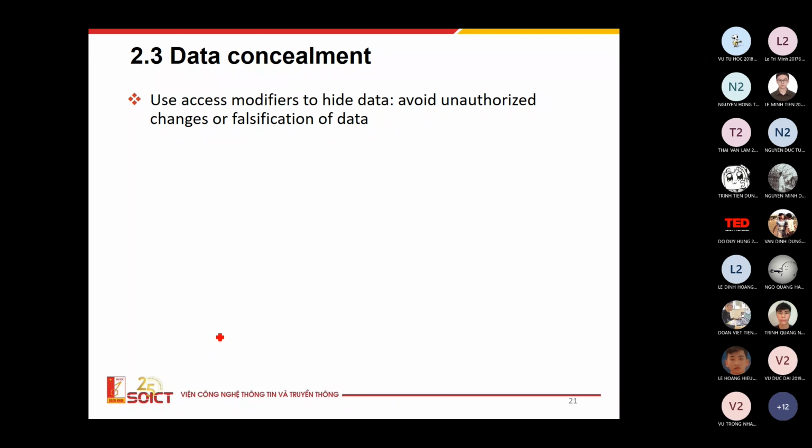So again, we repeat about the data concealment. Okay, that means you can hide the data by using the access modifier. Tức là bây giờ sử dụng cái access modifier là mình có thể che giấu được thông tin. So the user cannot change the data without authorization, for example.